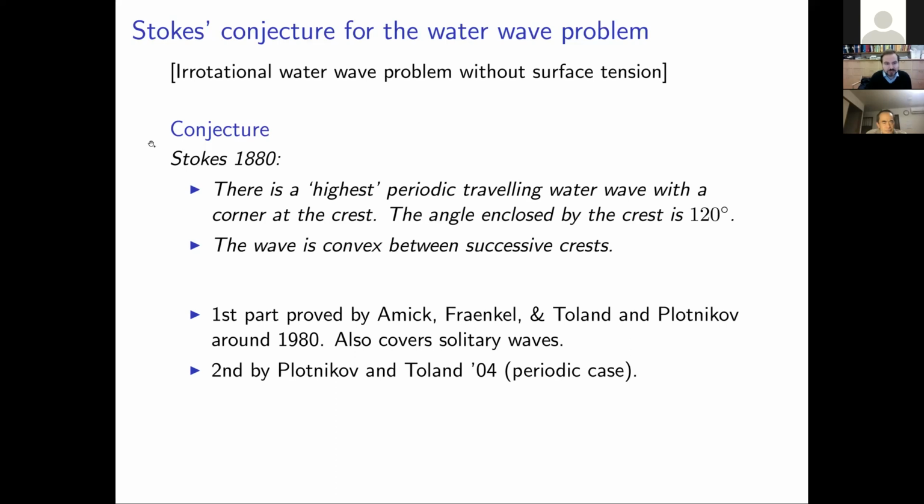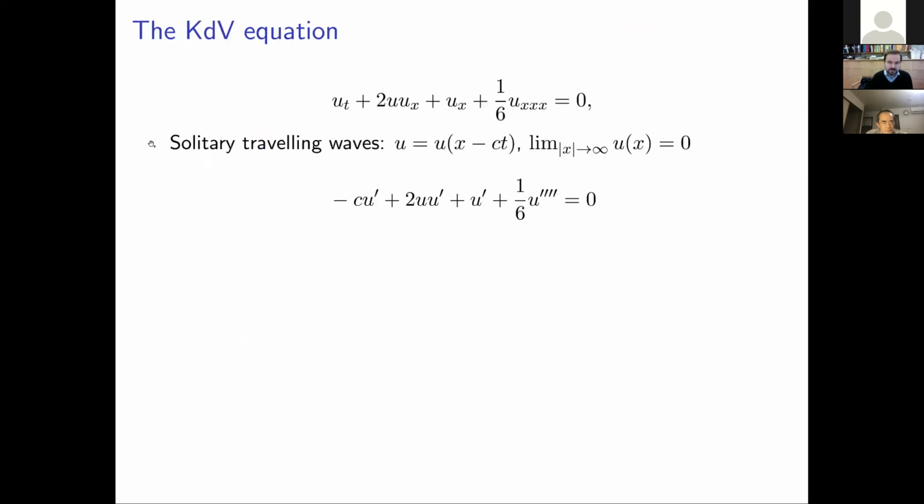So there were actually two Stokes conjectures, the other about convexity. I will not talk so much about that, but that was proved 20 years later by Plotnikov and Toland. Part of the motivation for this work is to think about what happens for different types of model equations. A classical model equation is the KdV equation.